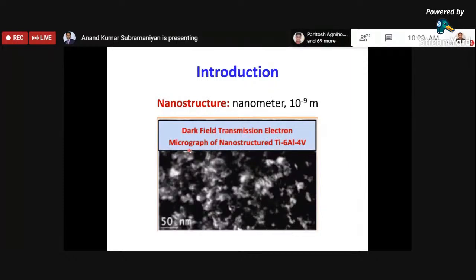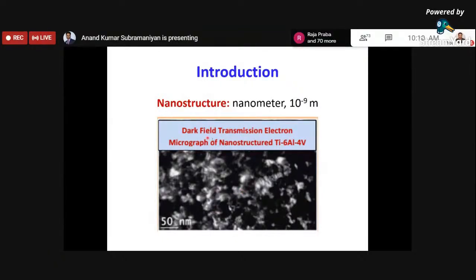It is another high-end version apart from our scanning electron microscopy, and this is again from a titanium alloy. You can see that the scale has now been reduced to the nanometer scale.